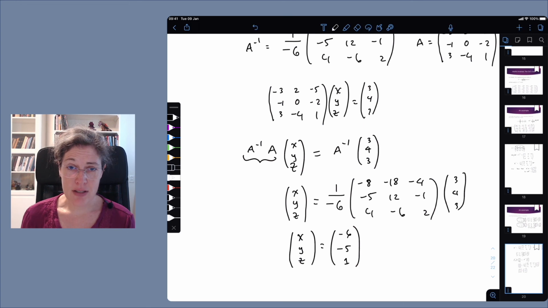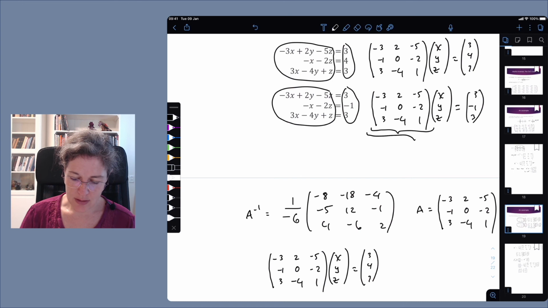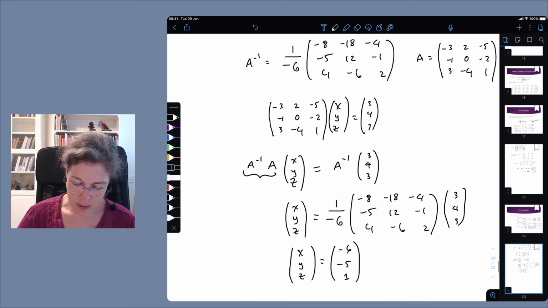And a valid thing to say at this point was, well, it would probably have been quicker to just Gauss reduce the original system of equations. But notice that now we can dive straight in and solve this equation, which has a different right-hand side, immediately by simply multiplying the right-hand side by the A inverse.